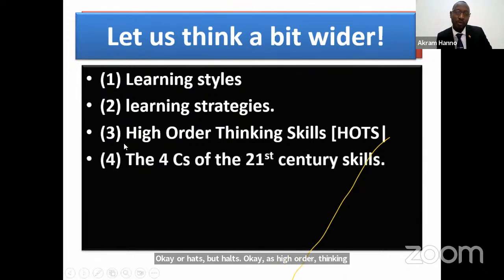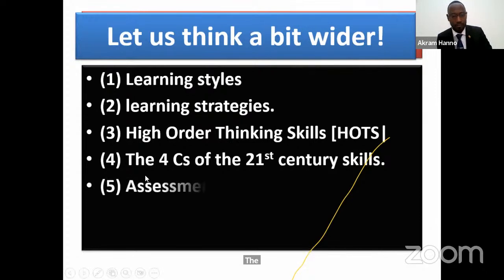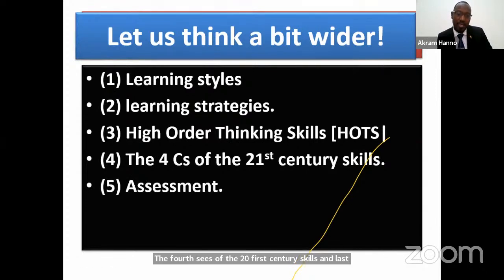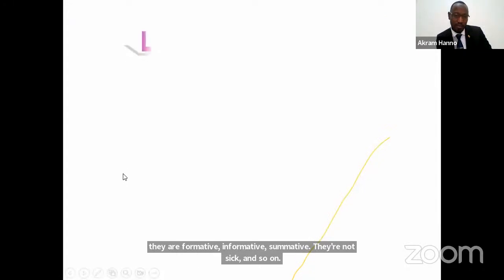Number four, we will be talking about the 4 C's of the 21st century skills. And the last issue we will be addressing is assessment, whether formative, summative, diagnostic, and so on. So let's begin with the first one.